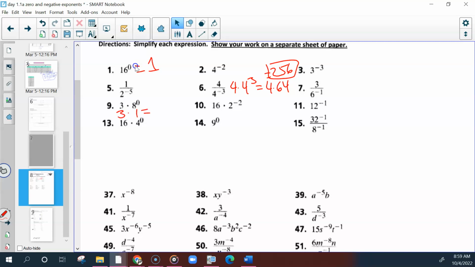So we're multiplying 3 times 1 to get 3. For 10, we can rewrite this part as 16 times 1 over 2 squared, or 4. 16 times 1/4 would be the same thing as 16 over 4, which is 4.